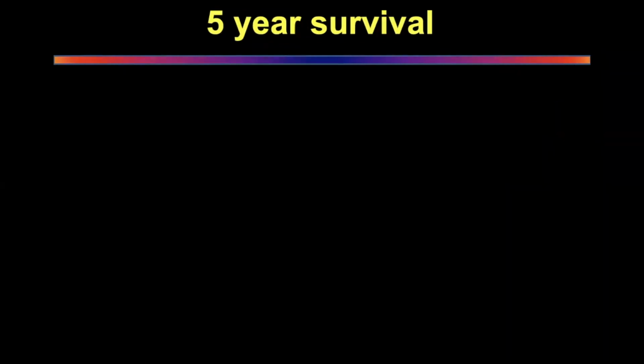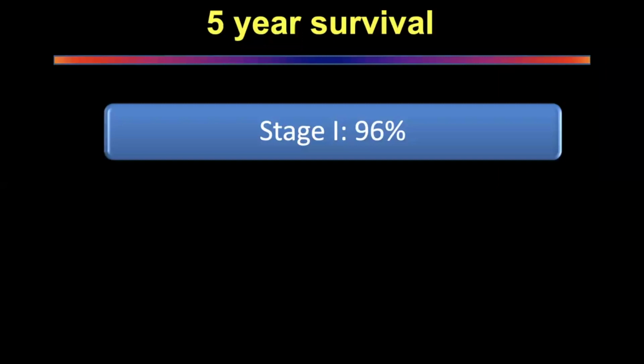This is the most important slide. I'll tell you why. The reason why this slide is important is because it tells you why you must offer surgical resection or why you must offer treatment to these patients. The reason why you must offer treatment to these patients is because survival is related to the stage.